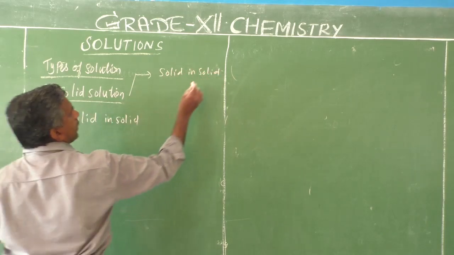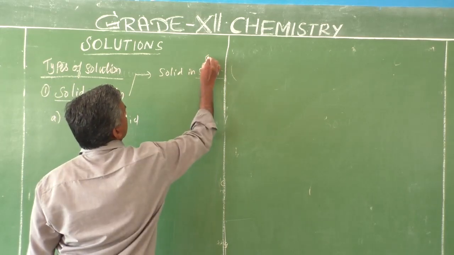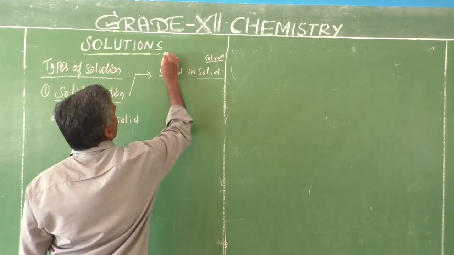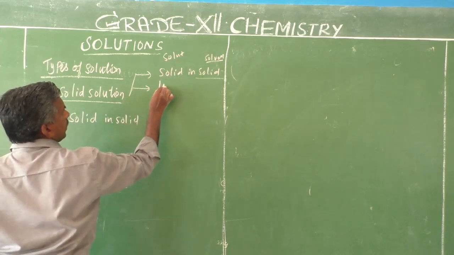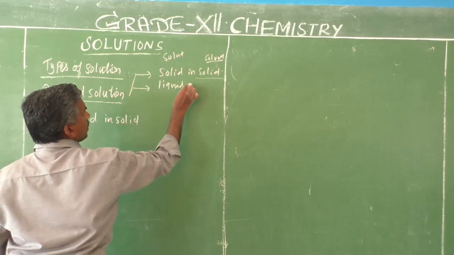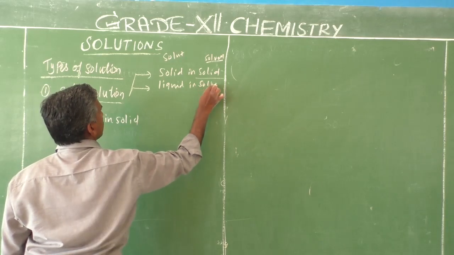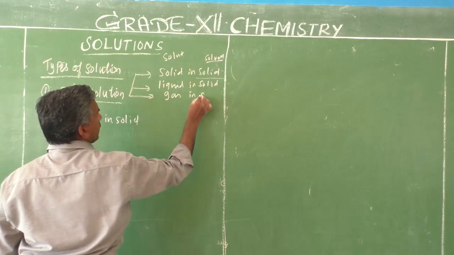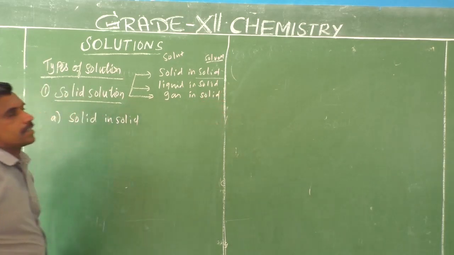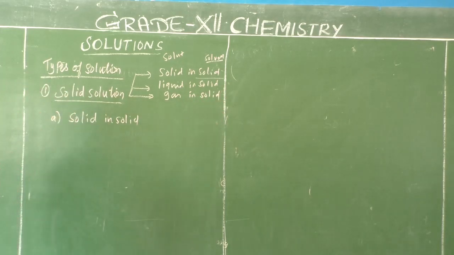What is the solvent? Solid. Second, liquid in solid. Third, gas in solid. So these are the three categories we discuss.